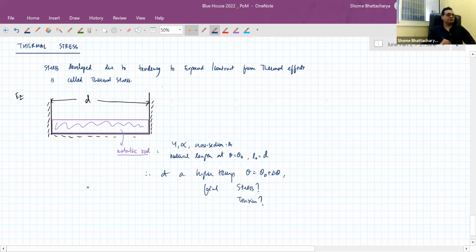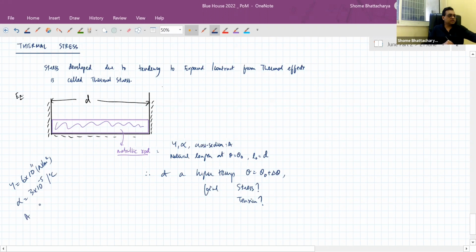Okay, and let's take some typical values for this. So Young's modulus is, let's say, this much. Coefficient of thermal expansion is again some standard value like this much.